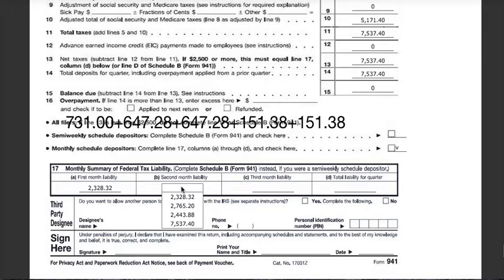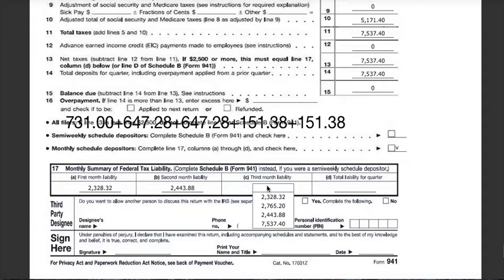All right, same thing for second month. Now you're going to February 28th. You're going to have $767 plus $679.52 plus $679.52 plus $158.92 and $158.92 again, which gives me $2443.88.